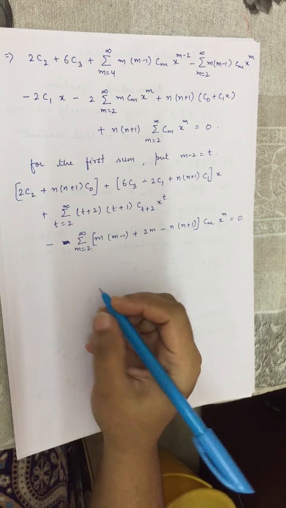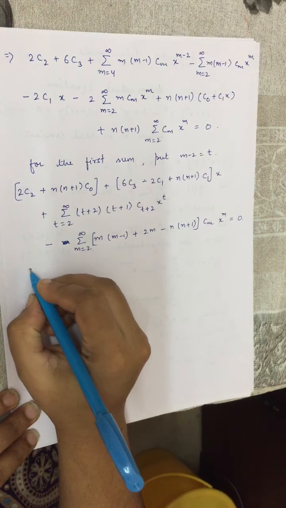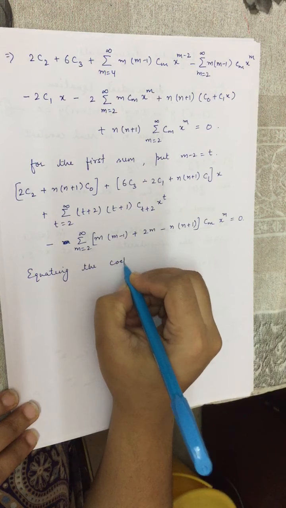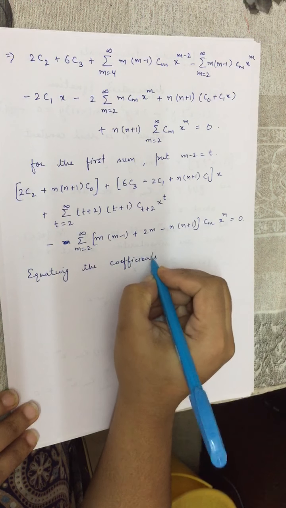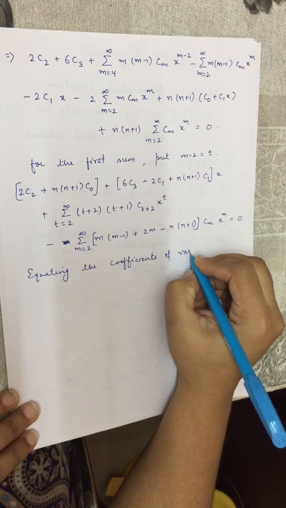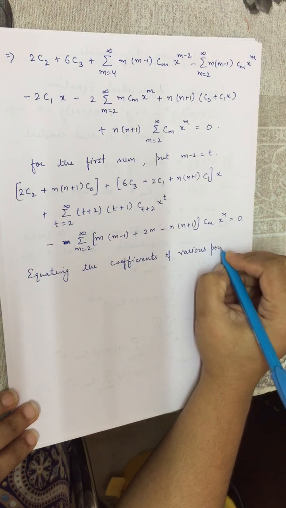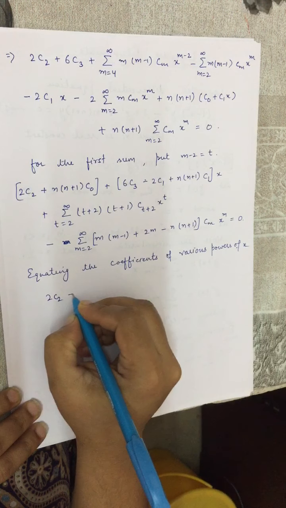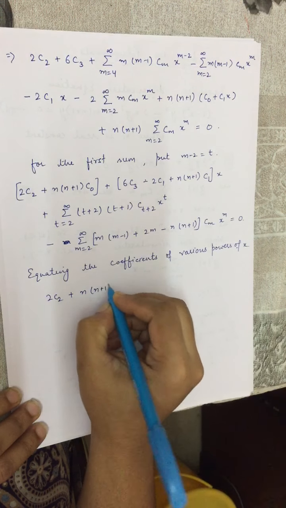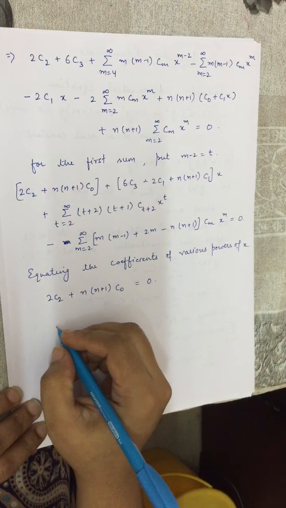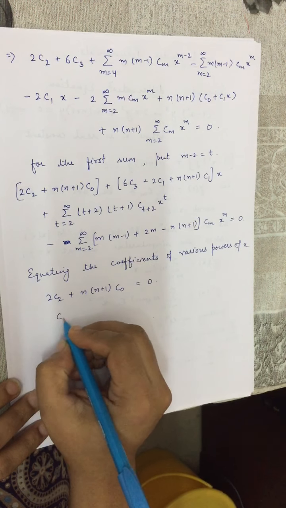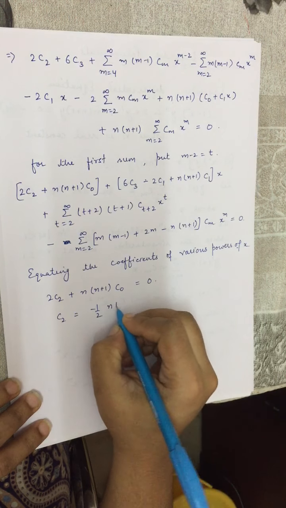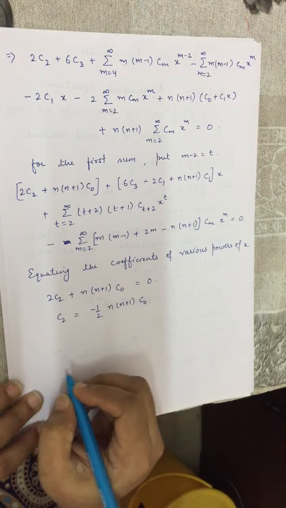So firstly, the constant term, equating the coefficients of various powers of x on both sides. Firstly, equating the constant term, we get C2 is equal to minus 1 by 2 (n+1) C0.